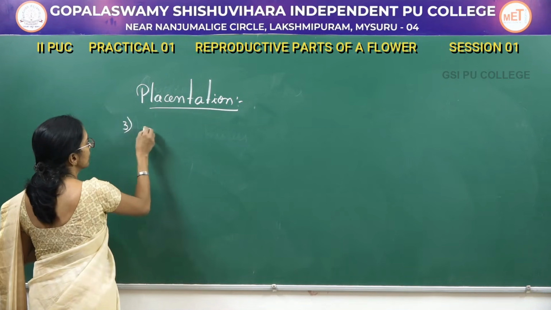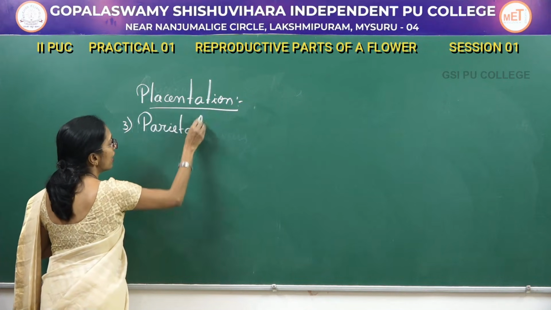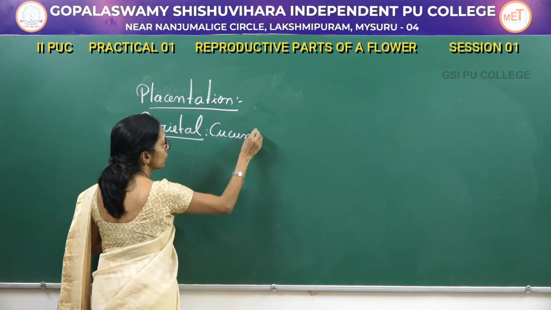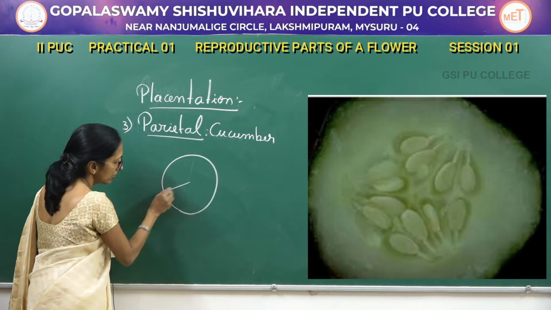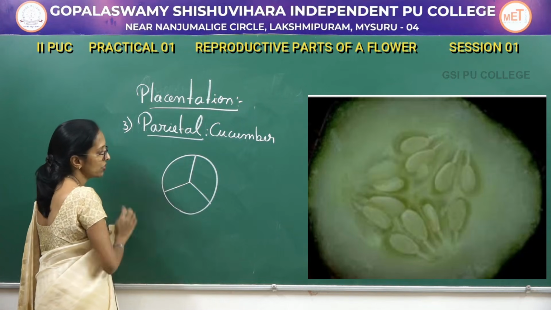The third one is parietal placentation, seen in cucumber. Here these are the fused margins.